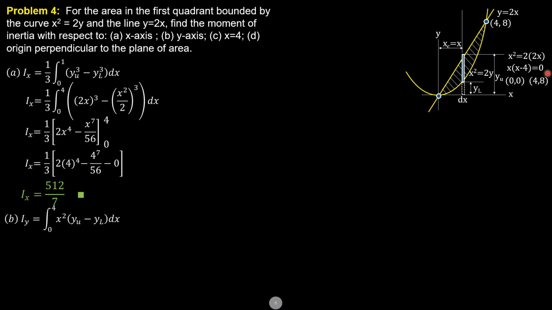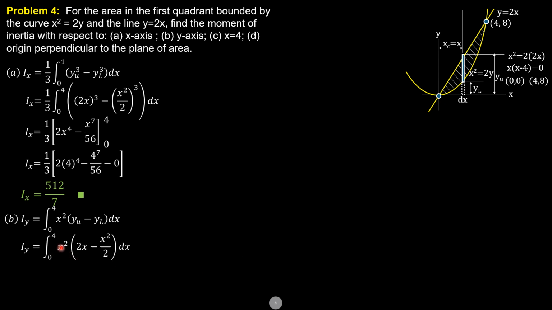Upper y is the y of the line, which is 2x. Lower y is the y of the parabola, which is x squared over 2. So substituting, Iy equals integral 0 to 4 of x squared quantity 2x minus x squared over 2 dx.